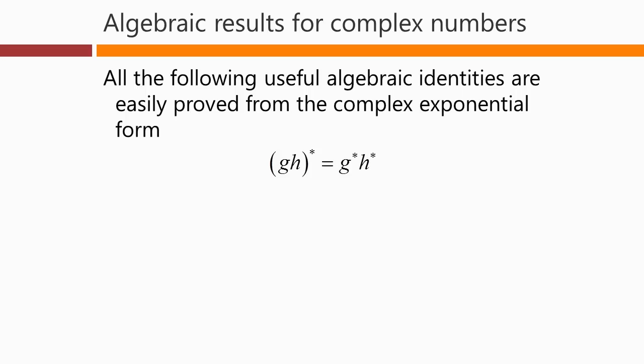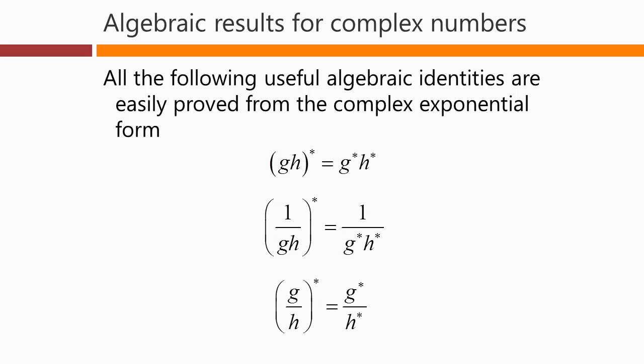We could prove that other ways, but it's really easy to prove with the complex exponential notation. Similarly, it's very easy to prove that the complex conjugate of 1 over a product of two complex numbers is just 1 over the product of the complex conjugates. And the complex conjugate of a ratio is just the ratio of the complex conjugates. Again, very easy to prove using complex exponential form.